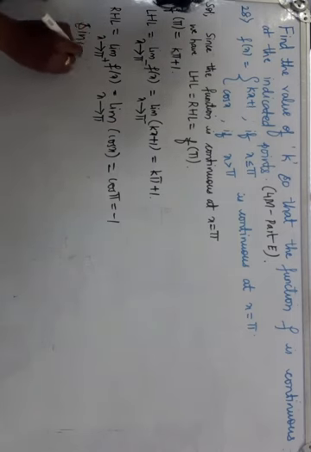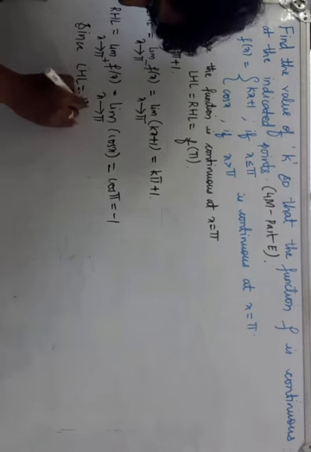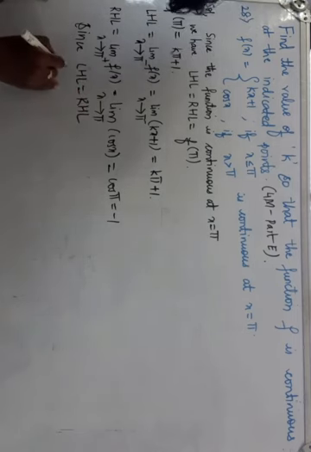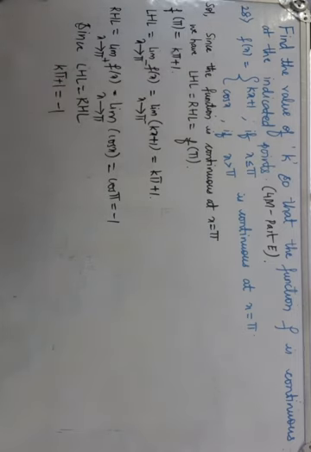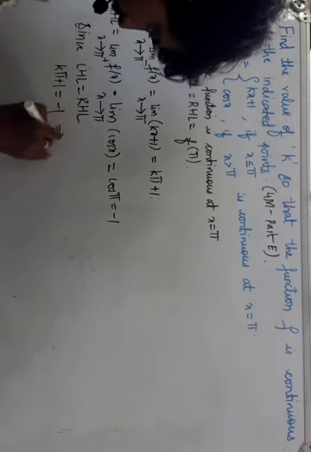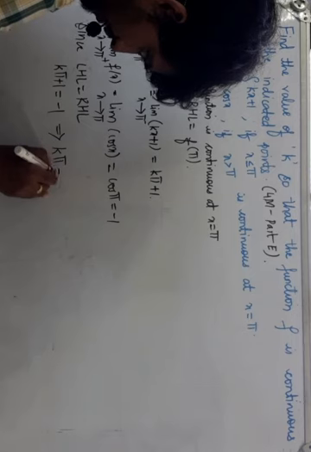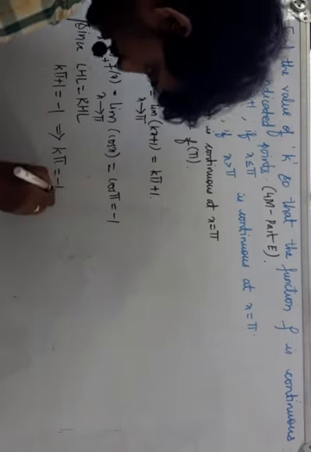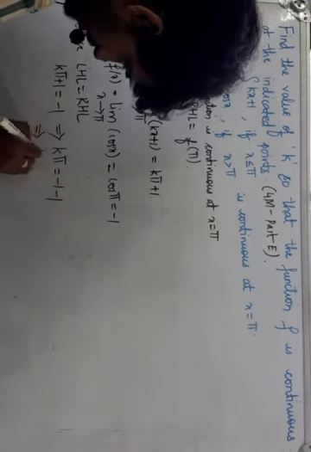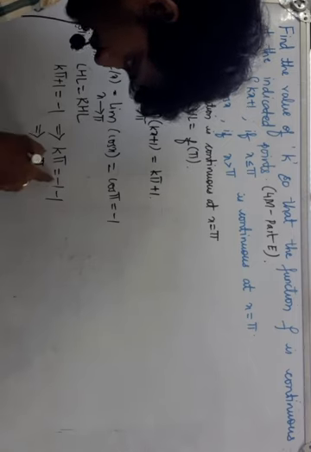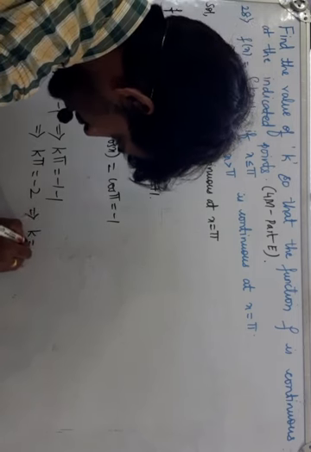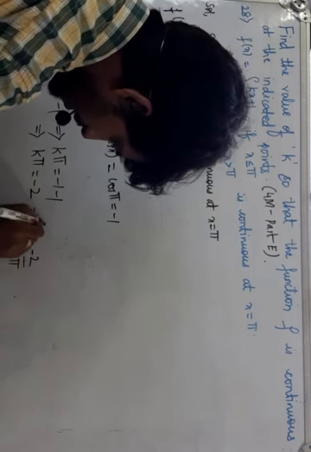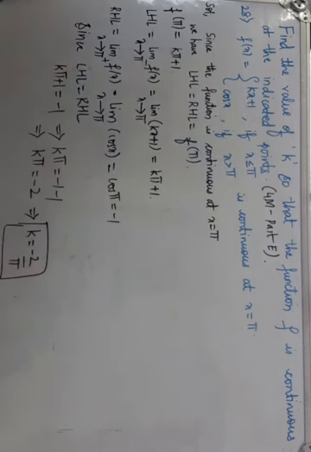Since LHL is equal to RHL, you have k pi plus 1 is equal to -1. So k pi is equal to -1 minus 1, which is -2. So k value is -2 divided by pi.